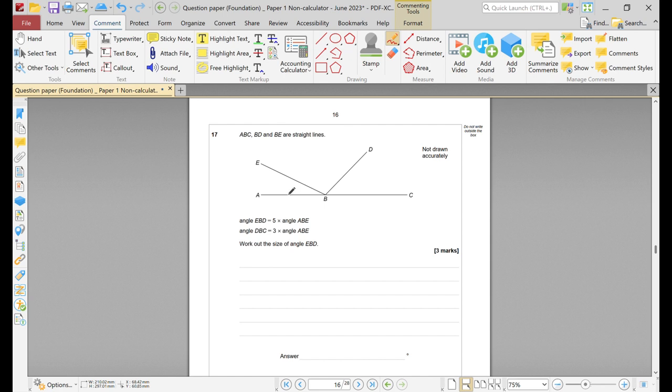So if we say that this is, let's call it theta. So that's a symbol that's representing this one. Well, EBD is 5 times ABE, so EBD is 5 theta.